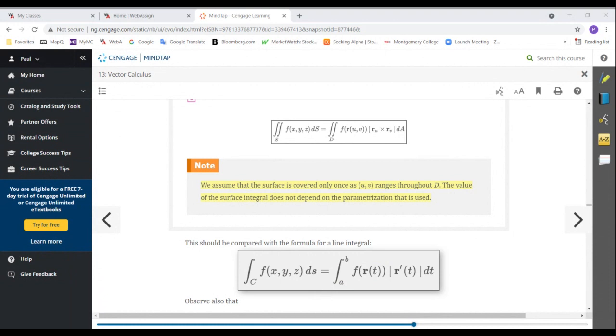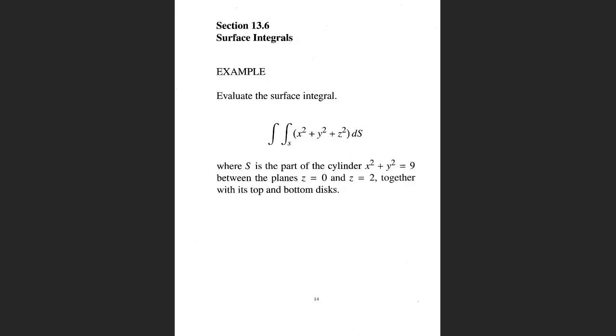Okay. I'll tell you what, let's go ahead and do an example here. Let me give you a moment to copy this example down. Now there are examples in the book.